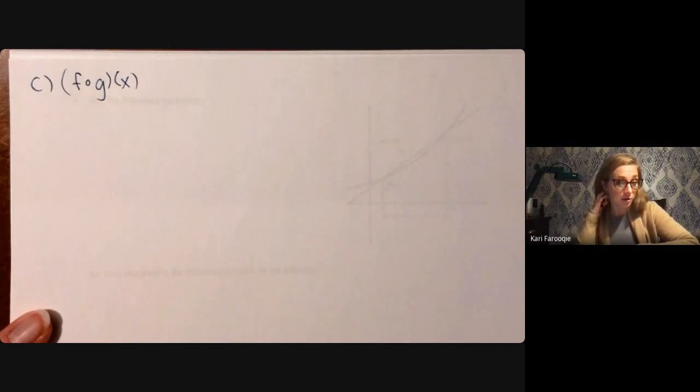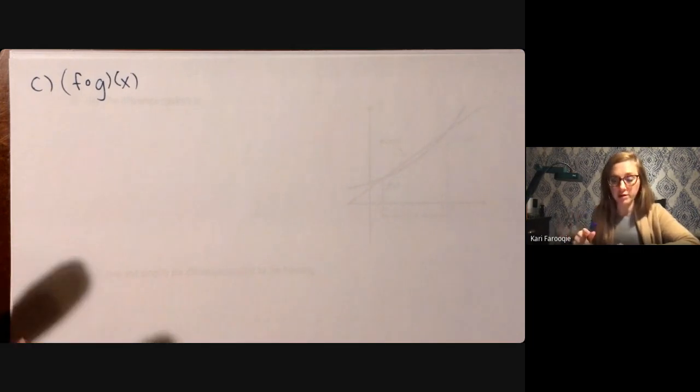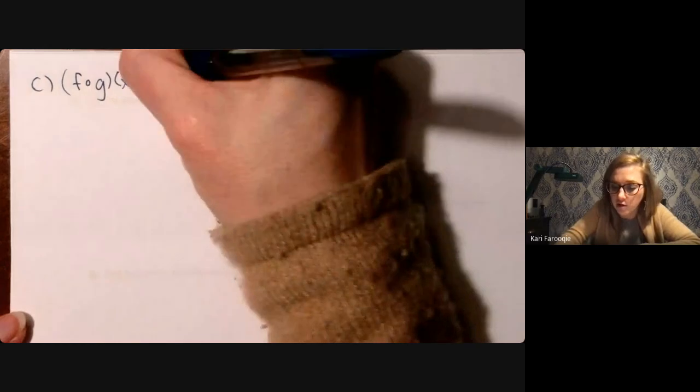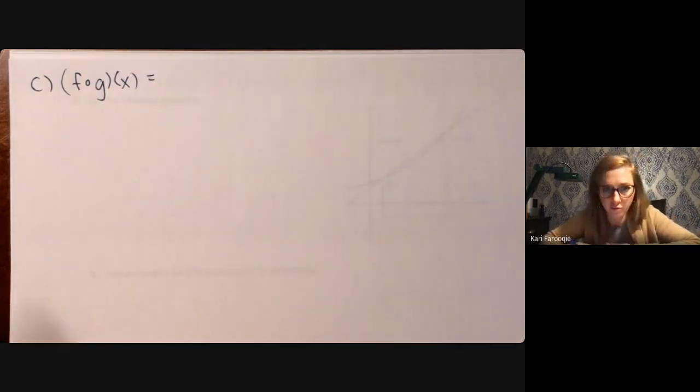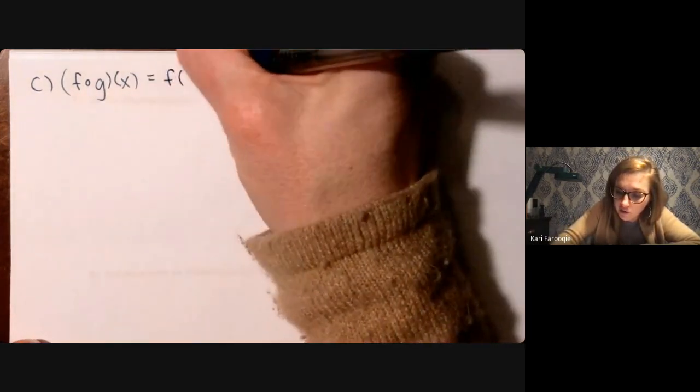Now, anytime you're given notation for a composite function, my recommendation is always to rewrite this using that standard function notation for evaluating a function. So I would not leave this as f circle g of x with the little circle. I would write this as f of g of x.